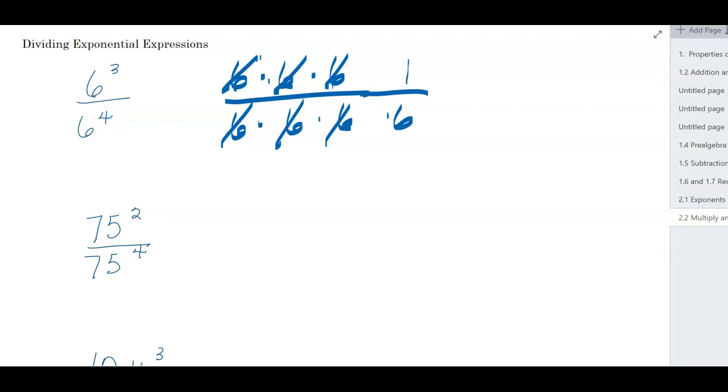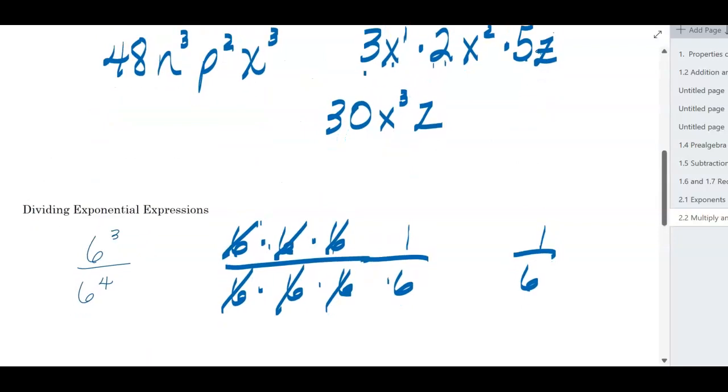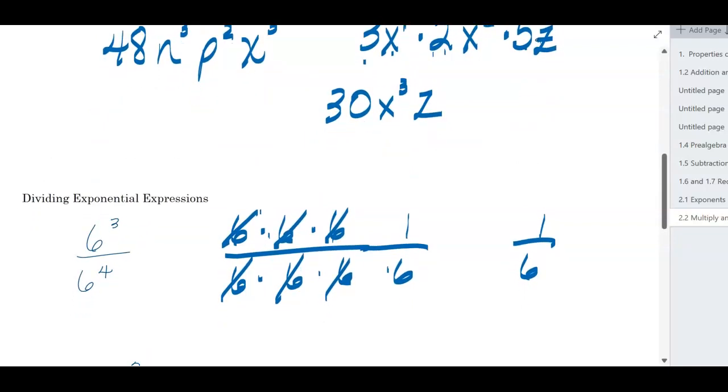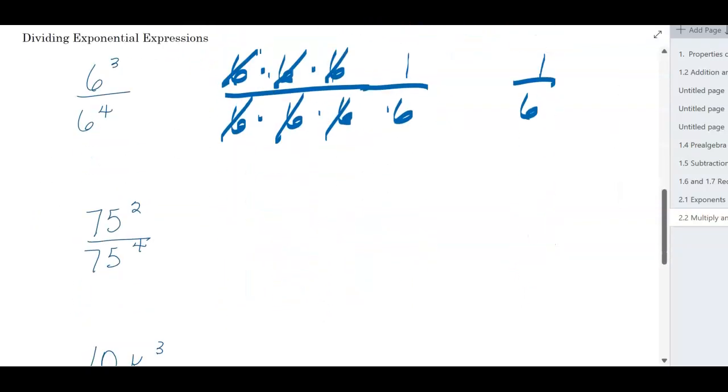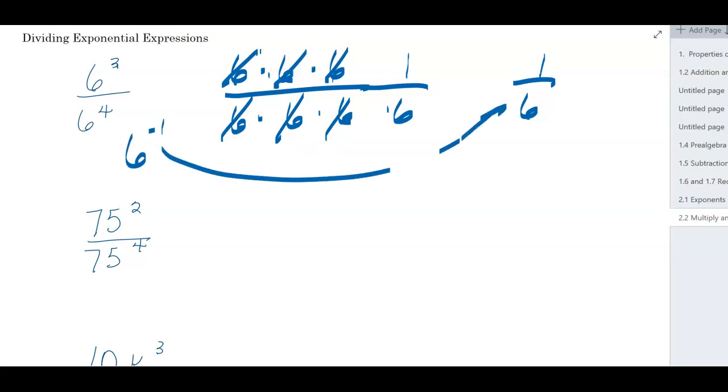These really simplify to 1. Your answer is 1/6. So I know we haven't gotten there, but you know how you add the powers when you are multiplying? You actually subtract when you are dividing. This would actually be 3 minus 4, which is 6 to the negative 1. But 6 to the negative 1 is 1/6.